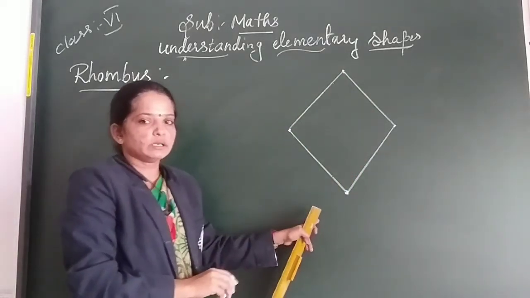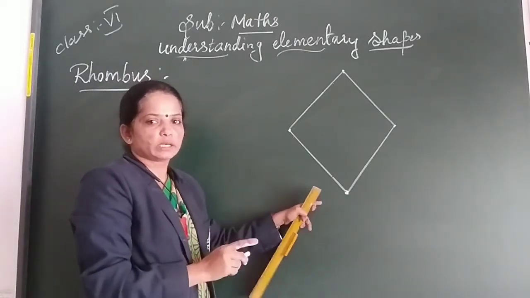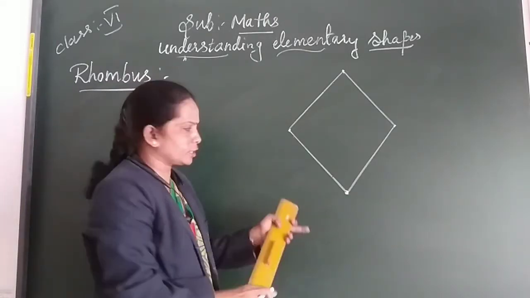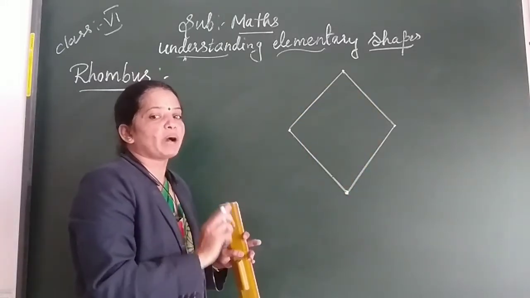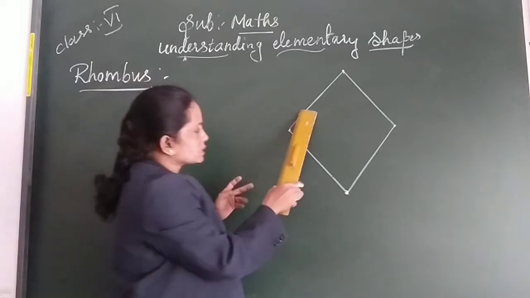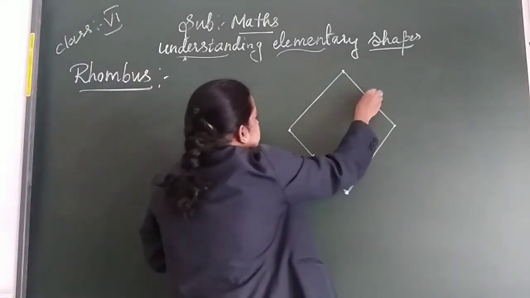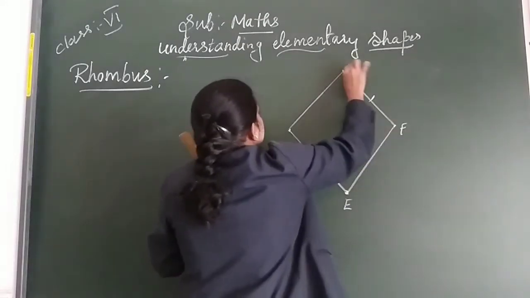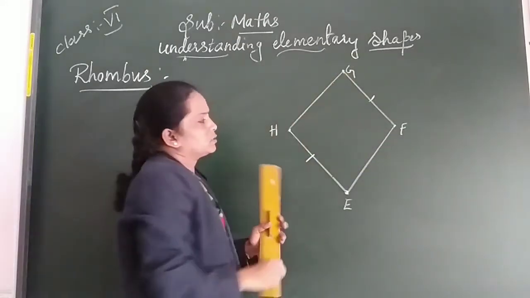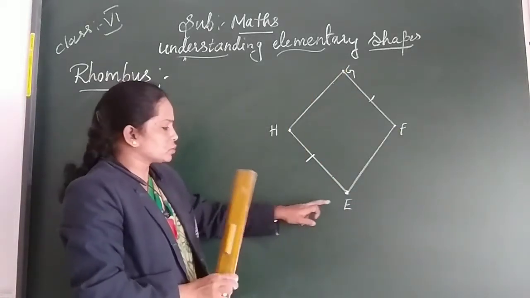See here, this is a rhombus. A rhombus is also a quadrilateral. Quadrilateral means four-sided polygon. Here also four sides are there. So it is a four-sided polygon and a parallelogram. Opposite sides are parallel. See, this is parallel to this. So if I write here E, F, G, H, the letters E, F, G, H have to be continuous.